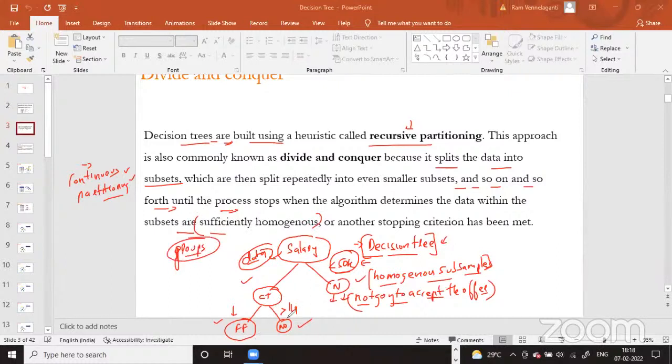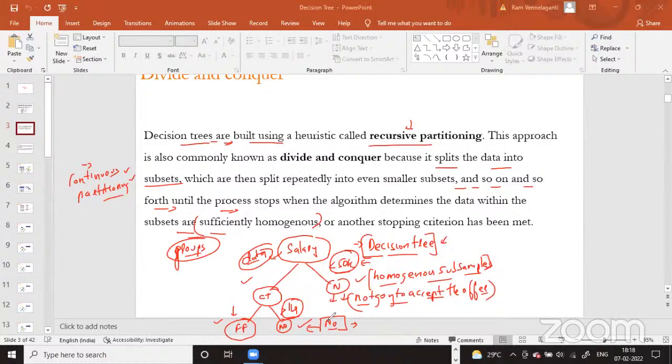If my commute time is more than 1 hour, then I've created my homogeneous group. I'm not going to accept that job offer. So until I create my homogeneous groups, I'm going to keep splitting my data into smaller subsets, into smaller regions.